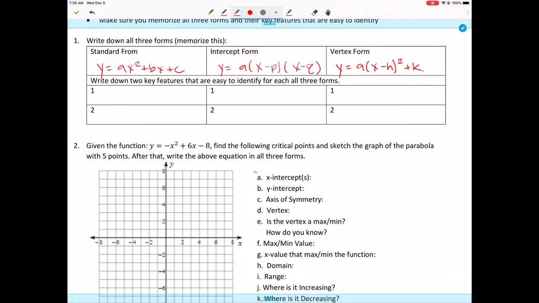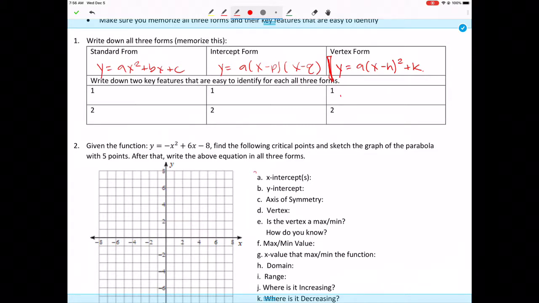So next it says write down 2 key features that are easy to identify in each of the 3 forms. Let's start with vertex. Given an equation in vertex form, what is something that we could put on the graph really quick?